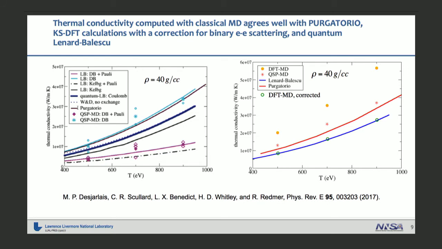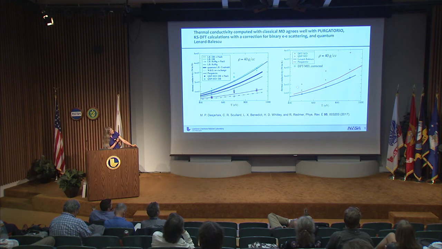This is the main plot that I referred to a moment ago: the original set of DFT-MD results we had was a factor of 2 to 3 higher than the classical MD results, in spite of the fact that the electrical conductivities were in good agreement. The Purgatorio curve was here, just a little bit lower than the QSP-MD. The Lenard-Balescu calculation came in here.